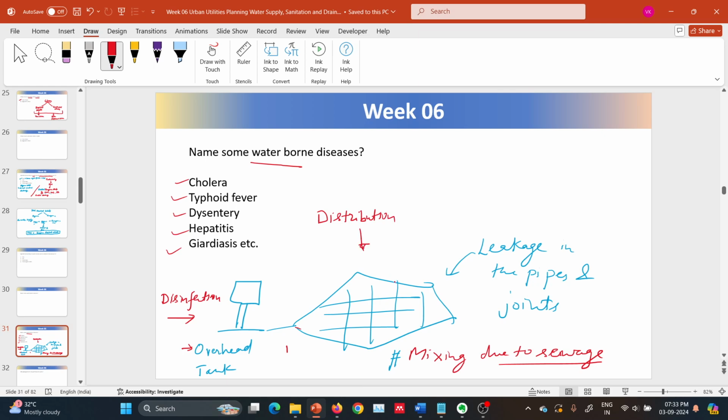If any mixing happens with sewage or soil, and we know soil consists of bacteria, viruses, many things, then it may cause diseases to humans. So that's why we need to take care of this. How will we take care? So what will we do?